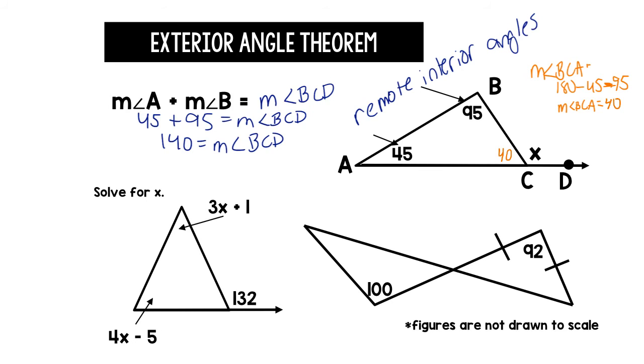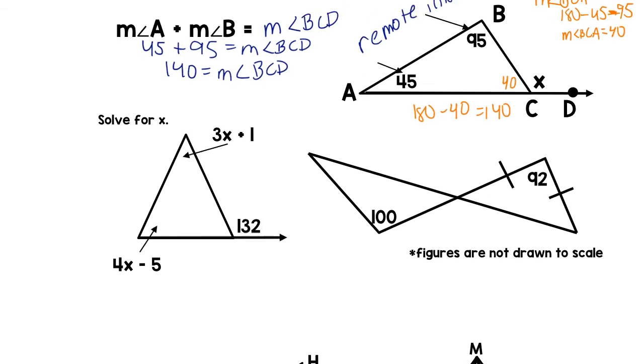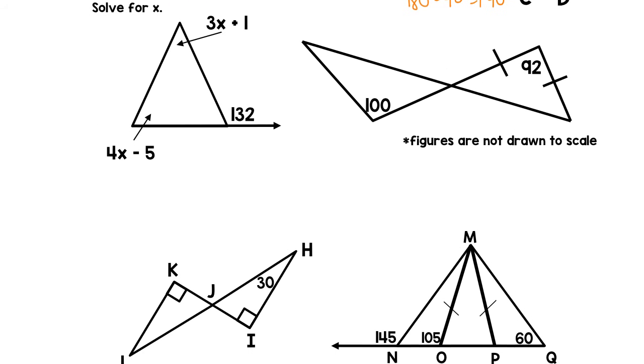Then to find the measure of BCD, we would do 180 minus 40, which is 140. So we just took a shortcut from a 2-step solution to a 1-step. These theorems just make life easier for us.